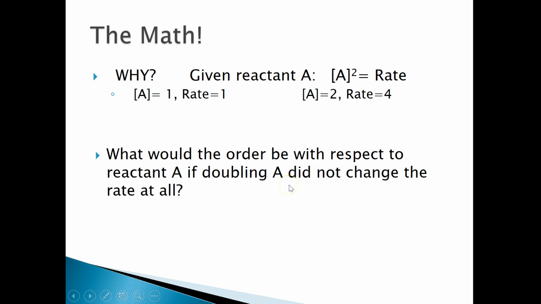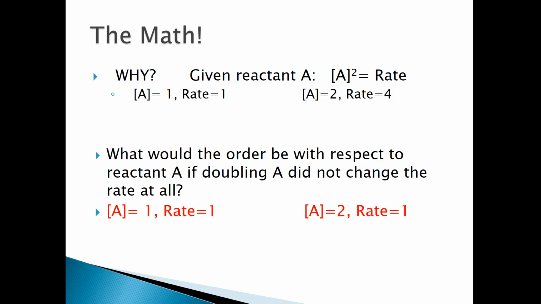This question says, what would the order be with respect to reactant A if doubling A did not change the rate at all? So take a moment, pause the video, and try to work out what order that would be. All right, so first here we have the concentration of A being 1 and the rate being 1.